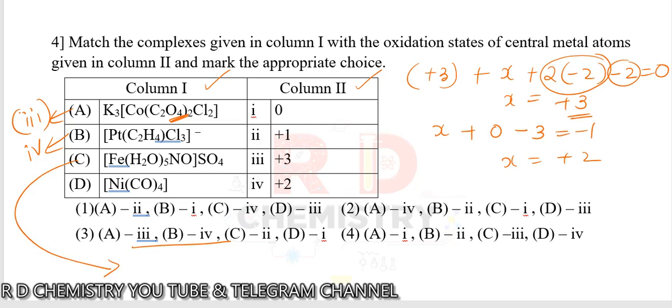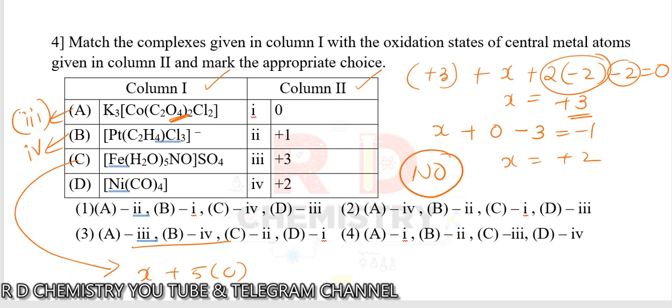This is an unusual complex actually. Right. So here iron, let it be X, plus 5 into aqua is 0. Here we have to consider the NO plus that is there.